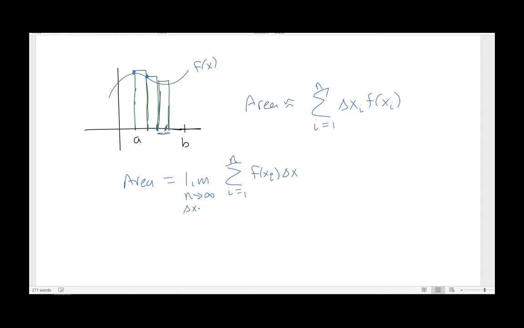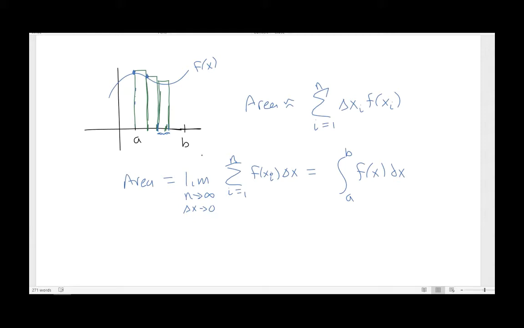So, two ways to describe this limit: the delta x's go to 0 or the n goes to infinity. We called this the Riemann sum, and we said that symbolically we're going to represent it as an integral. We're going to integrate the equation of that function over the limits of integration from a to b. So in those prior two sections, this was the development that we used here.